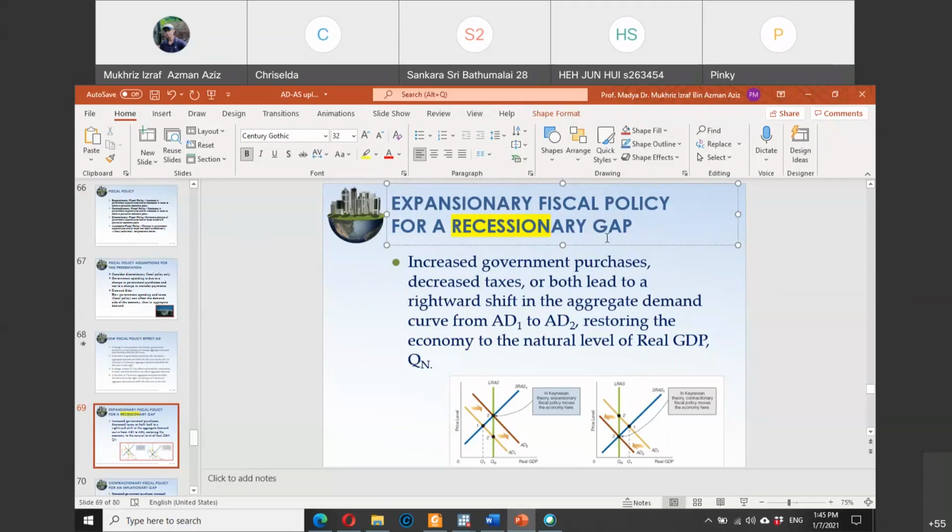Recession is when there is a lot of unemployment, many companies have to shut down, people are without jobs, there are many poor people, and the level of output is low. The best scenario to describe recession is now, during this COVID-19 pandemic. So when an economy is in a recession, it is normal for the government to employ expansionary fiscal policy.